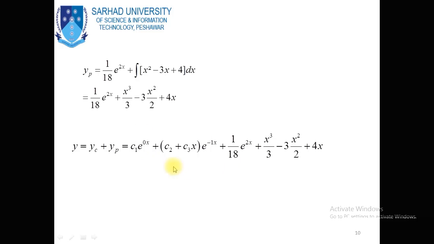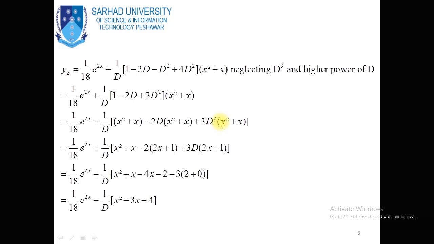So this is the complete solution. This is the complementary solution, c1 e power 0x plus (c2 plus c3x) into e power minus 1x, and this is the particular solution.